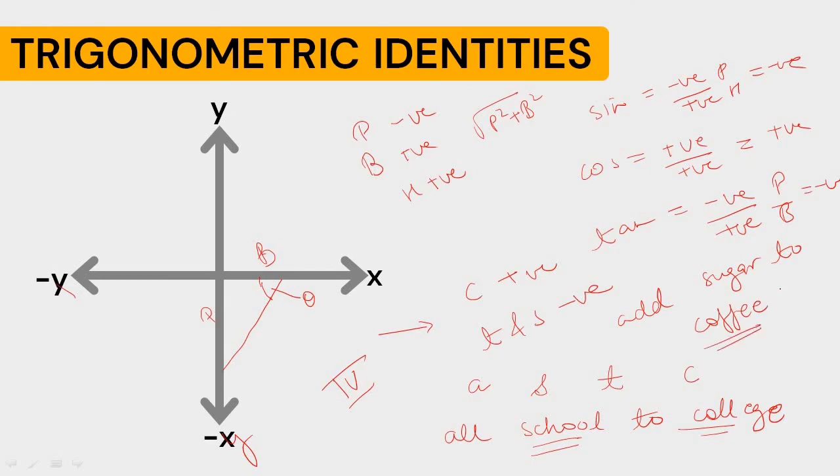We add sugar in coffee. So this is a way to remember how the trigonometrical ratios are positive or negative in the first, second, third and fourth quadrants.